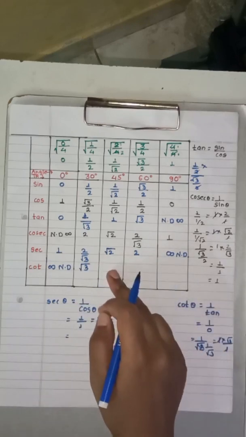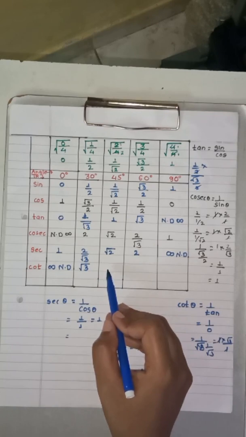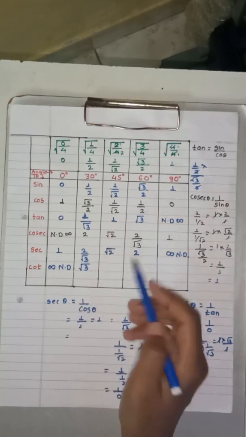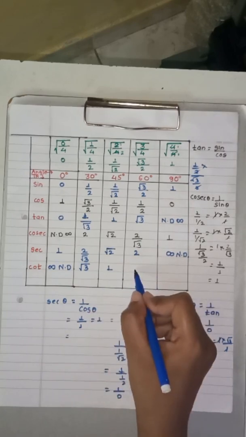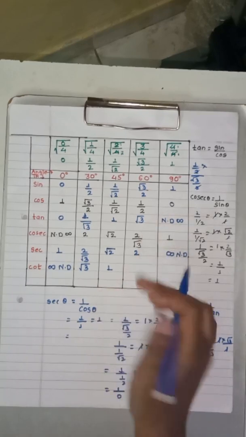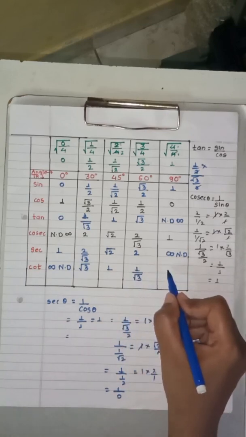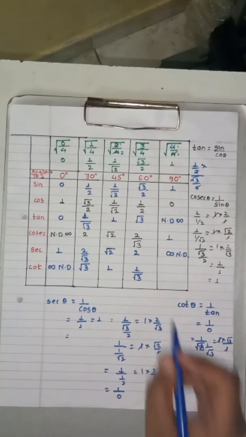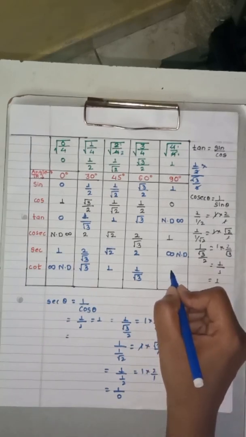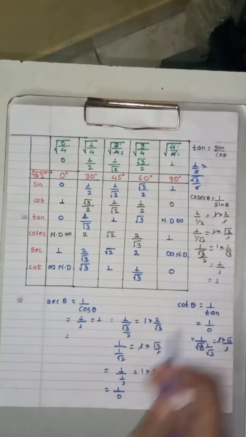Now after that is cot 45, the value of tan 45 is 1, so that will be 1. After that cot 60, cot 60 is what? 1 upon tan 60, that will be 1 upon root 3, and cot 90 will be 1 upon tan 90, that is 1 upon not defined, which is 0.